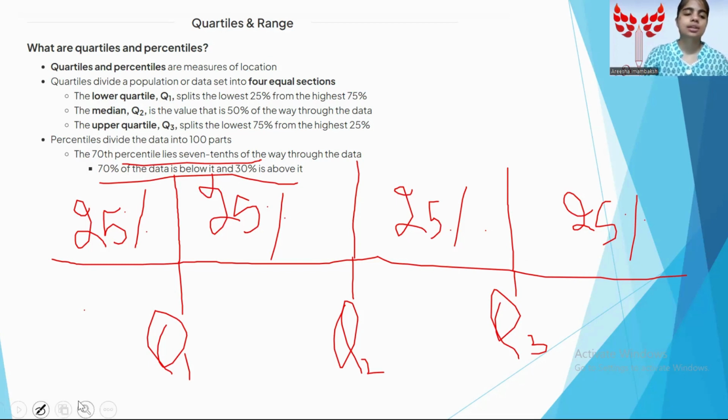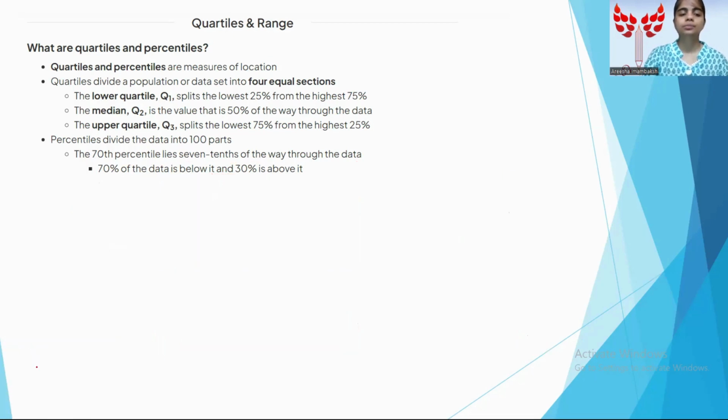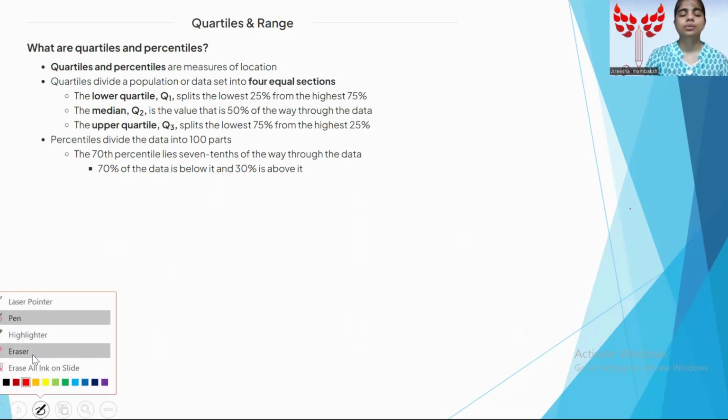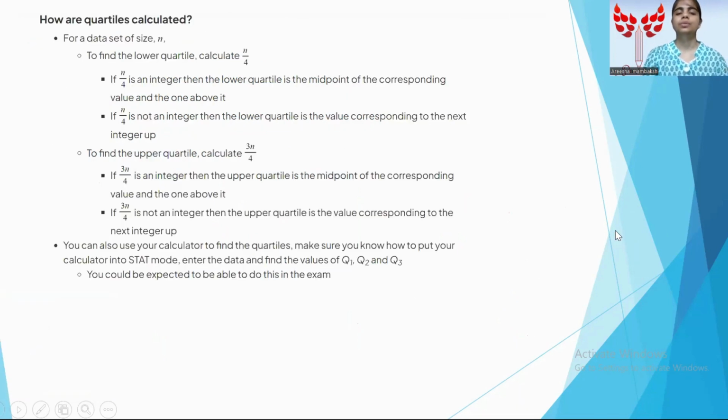Let's move further. Now, how do you calculate the quartiles? N upon 4, where N is the size of your data set.